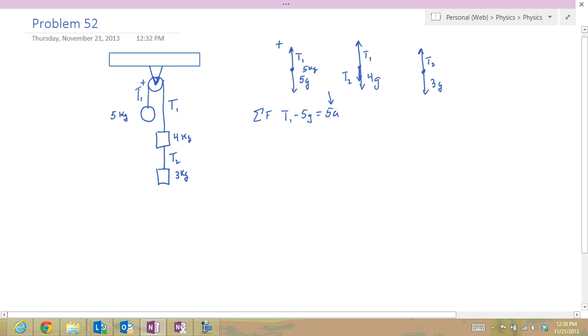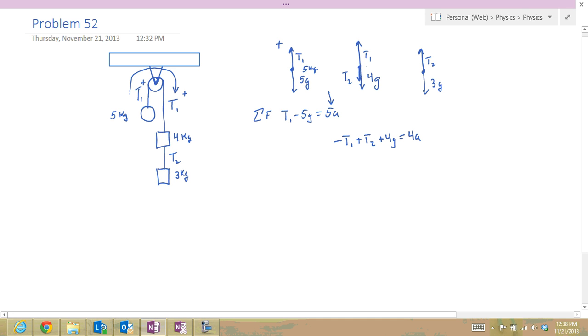Upward was positive here. And the pulley turns that around and causes downward to be positive in the right-hand side of this diagram, which means downward is positive and upward is negative in these equations. So I'm going to have minus T1 plus T2 plus 4g equals 4a.